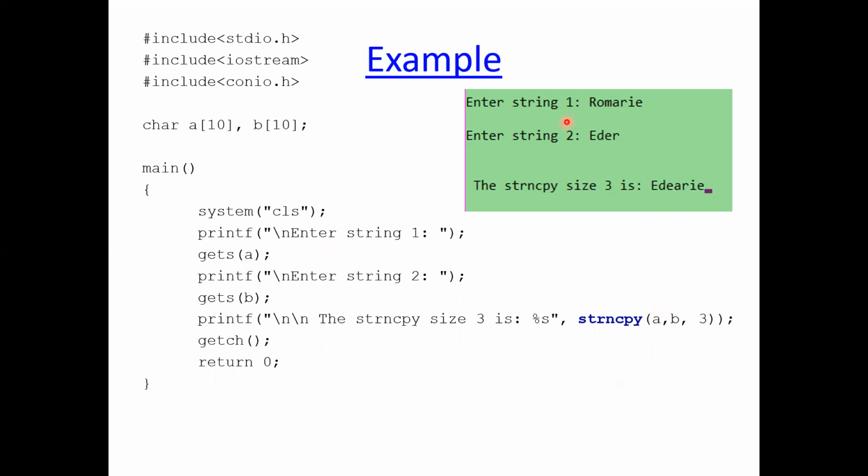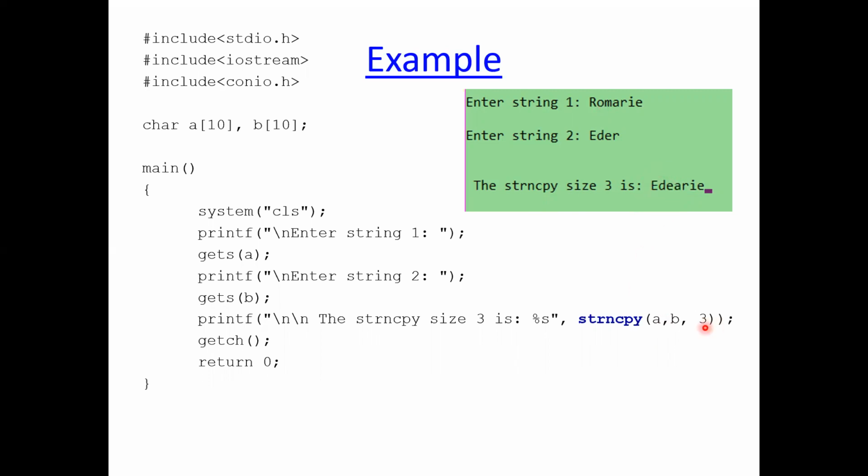For example, variable A holds Romary and variable B holds Eder. Because of this statement, the first 3 letters here are EDE, and it will copy EDE and replace the first 3 letters of variable A. So if I call variable A, it's not Romary anymore, it's Ederry, because it replaced the first 3 letters here.